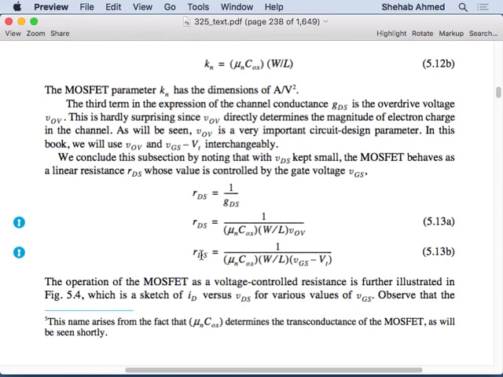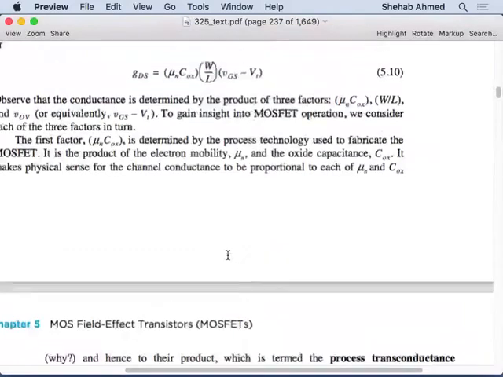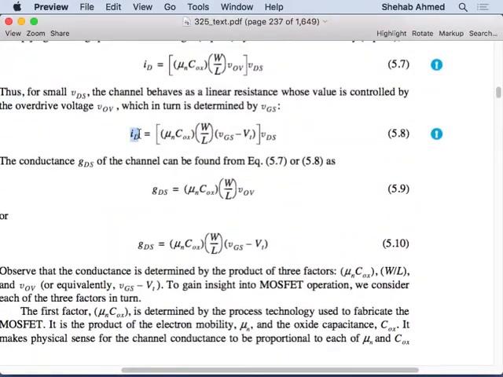Which is nice or bad? Remember, your current is flowing between your drain and source. If you have an equivalent resistance between the drain and source that is low, it's good for you. That's a good thing. And the other thing is, we found that this conductance, or 1 over the resistance, also depends on VGS.